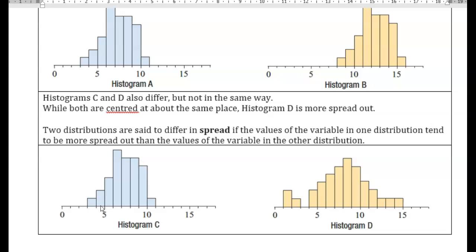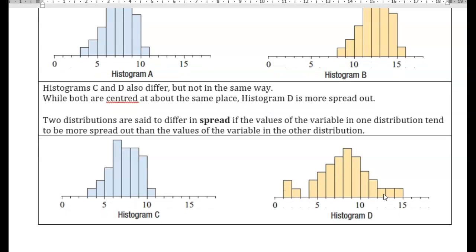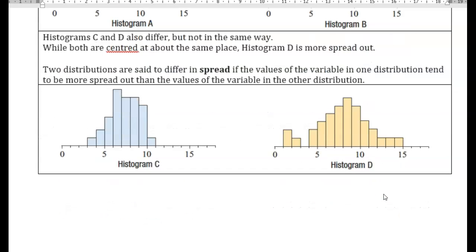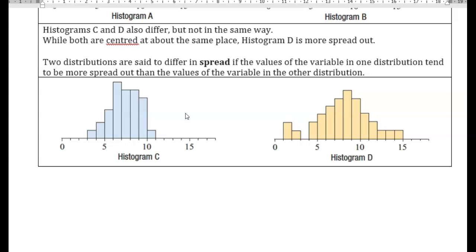At year 11, let's say we've got the general, the methods, and the specialist classes, and the general class took a test, and this was their results. Quite similar because they're all at about the same level. And here we've got the 3 classes, so it's more spread out. There are many different examples you can think of, but these have more things in common, and these are more spread.